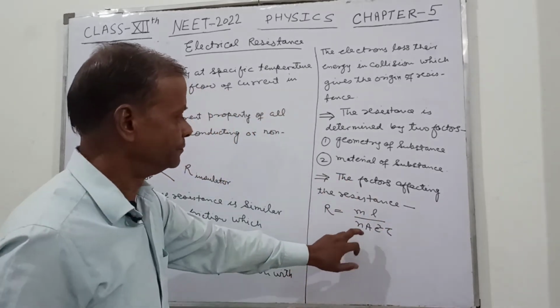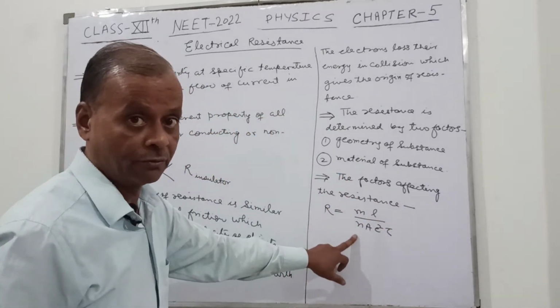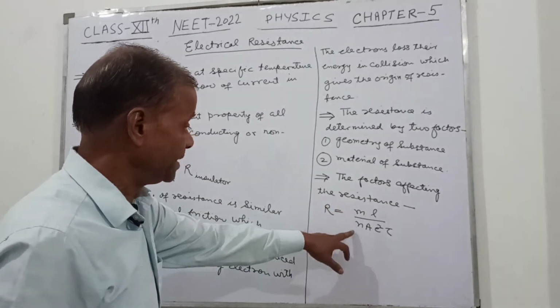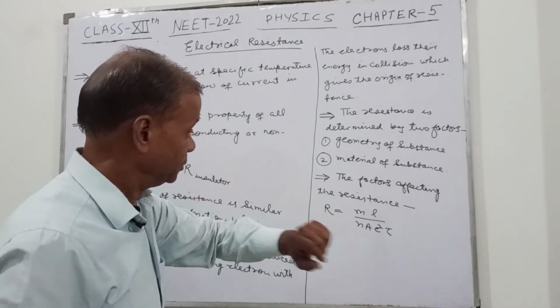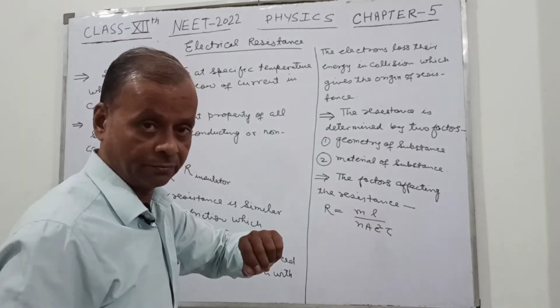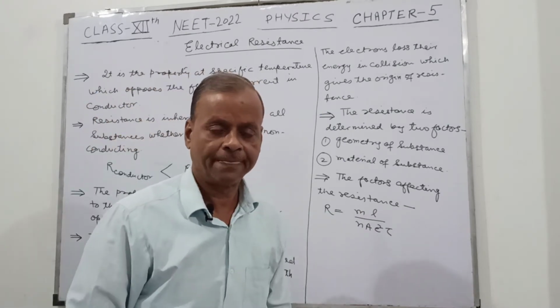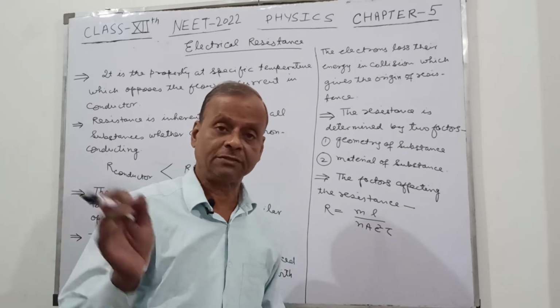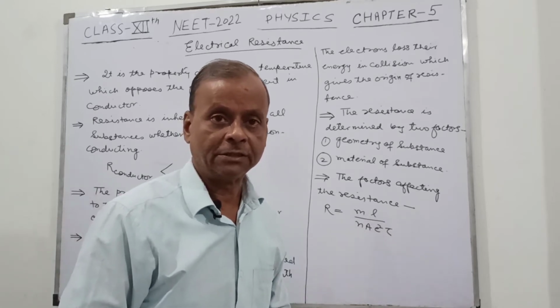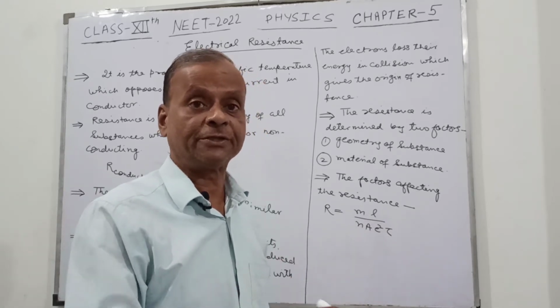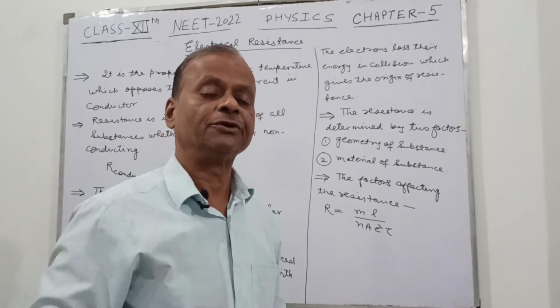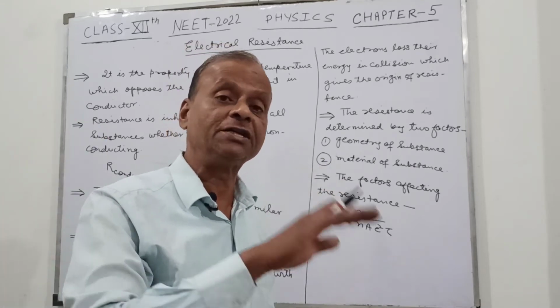This we know. So there are four factors. One is the length. Larger the length, larger the resistance. Because when the length is increased, the electron collides with a number of positive ions, so more energy is lost.